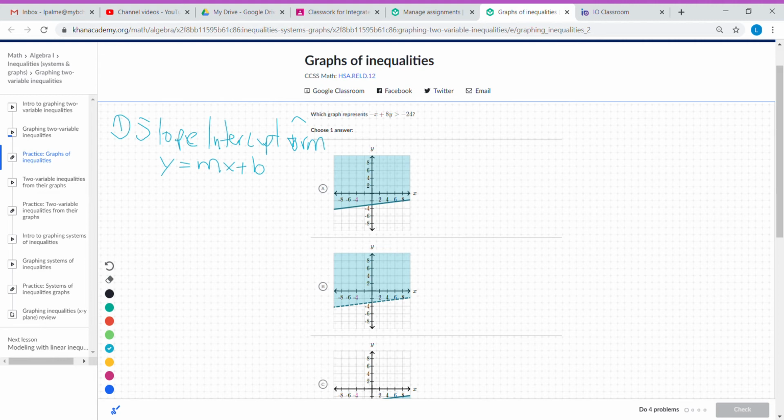Second thing we need to know is if there's a dotted or solid line.